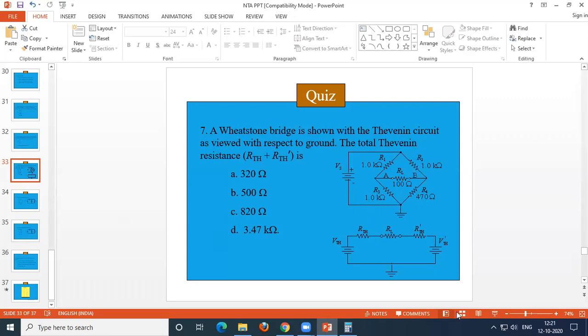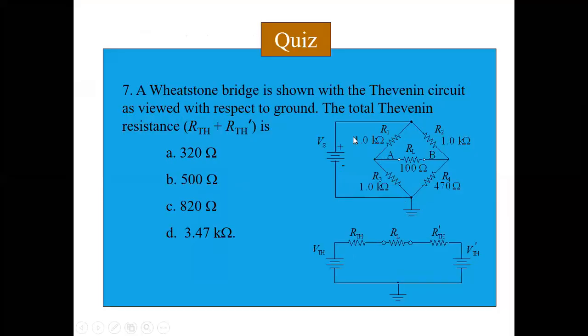Firstly we have to see that 1 and this 1 are in parallel. So 1 kilo ohm and 1 kilo ohm in parallel gives an equivalent resistance of exactly half, or R1 into R3 divided by R1 plus R3, whose value is exactly 500 ohm.